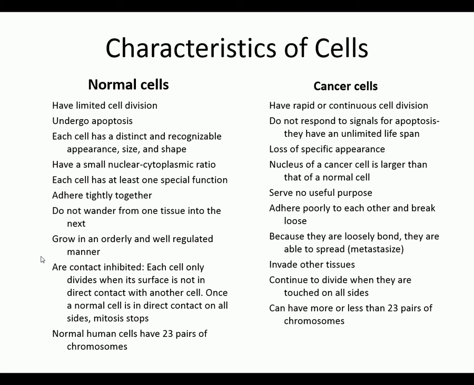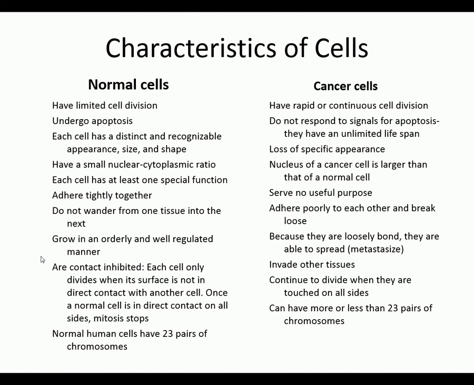They do not wander from one tissue into the next. Normal cells grow in an orderly and well-regulated manner. They are contact inhibited. Each cell only divides when its surface is not in direct contact with another cell. Once a normal cell is in direct contact on all sides, mitosis stops. And normal human cells have 23 pairs of chromosomes.